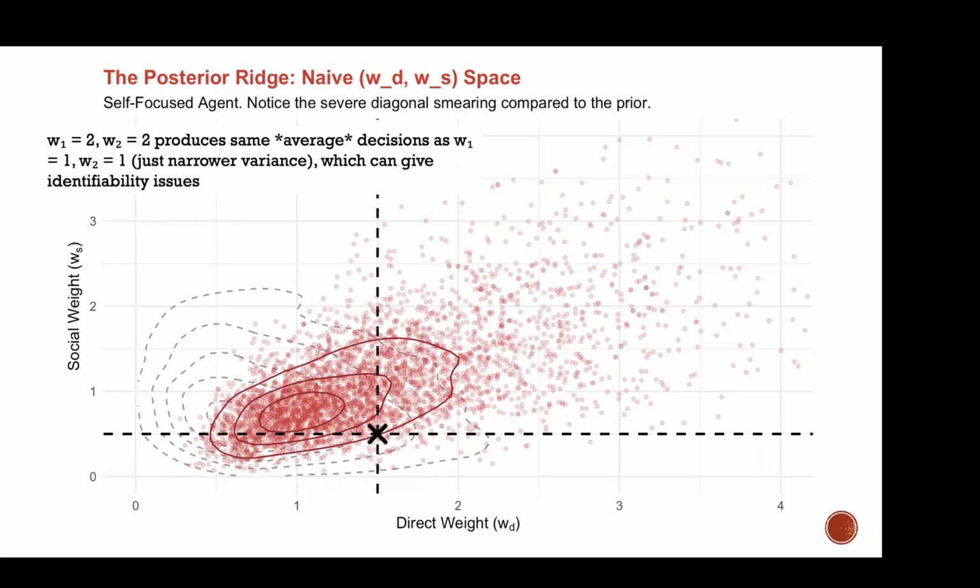Also, this tells us that as we move along the diagonal, the log posterior likelihood doesn't change that much, exactly because, given that we only observe the binary choices of the agent, we are mostly able to assess the relative weight, that one source of evidence is weighted more than the other, and roughly by how much, but not the total weight.